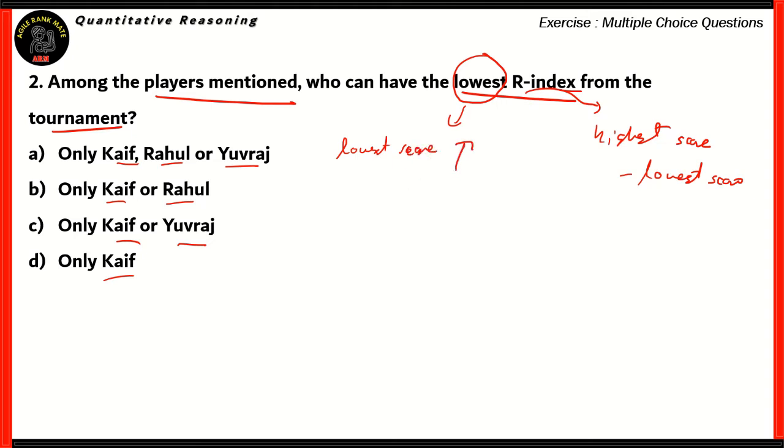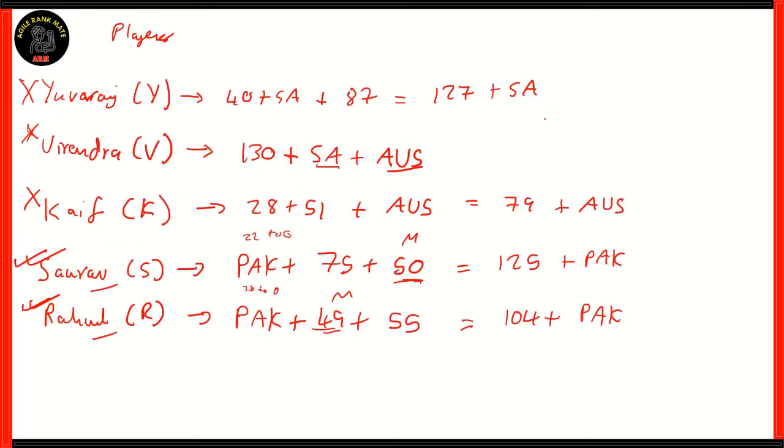If the lowest score is high, then the difference would be quite low, and so we can say that the R index is low. Since we need to find out the lowest R index, we will assume that the lowest score is quite high for many of these players.